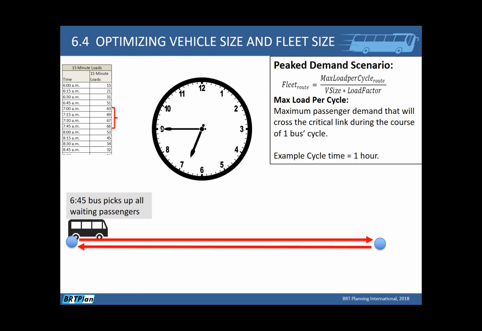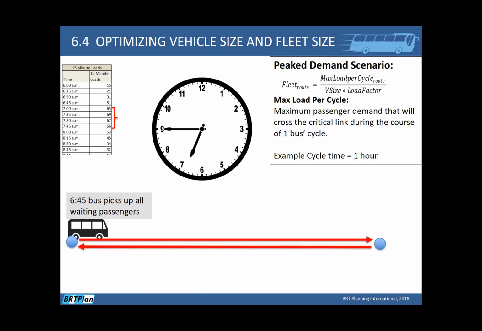So the maximum load per cycle is the maximum passenger demand that will cross your critical link on your BRT corridor during the course of time that is equal to one bus's cycle time. Now we're going to use, for an example, a 1 hour cycle time to walk you through it. So let's assume that your bus leaves the station at 6:45.